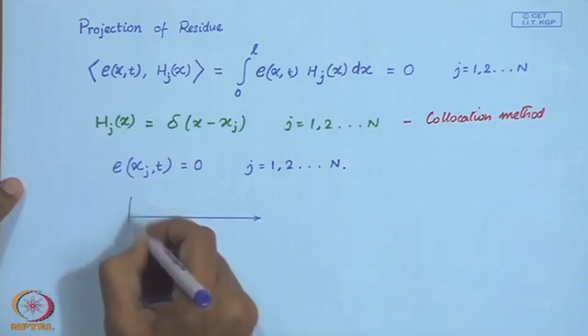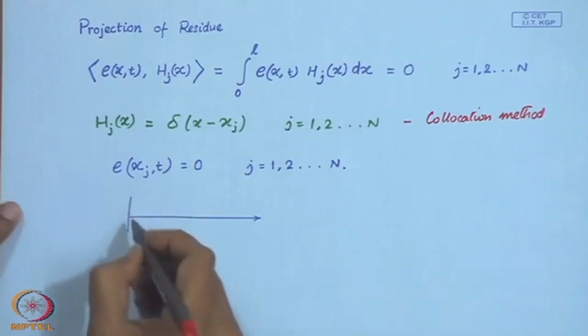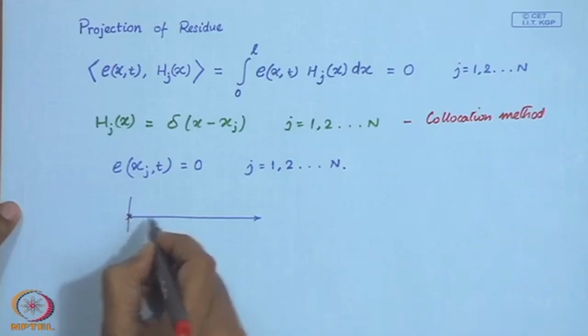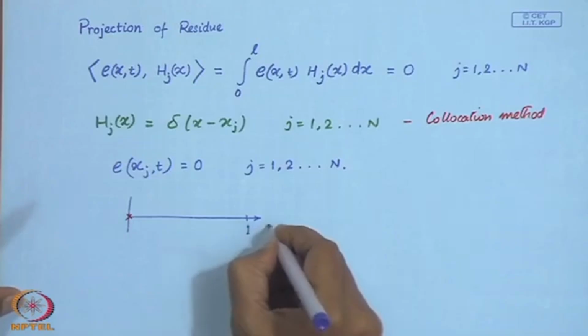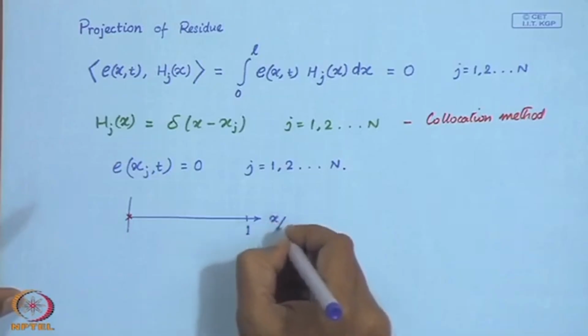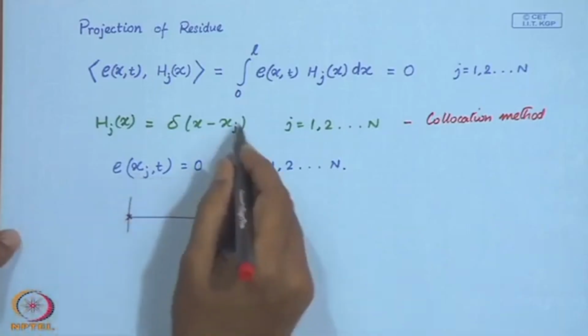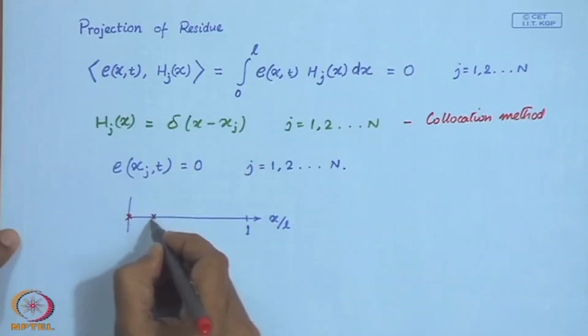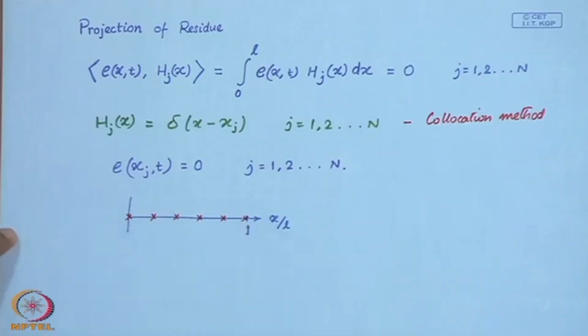Say for example, for the bar, if I choose these x j, these points, something like this.